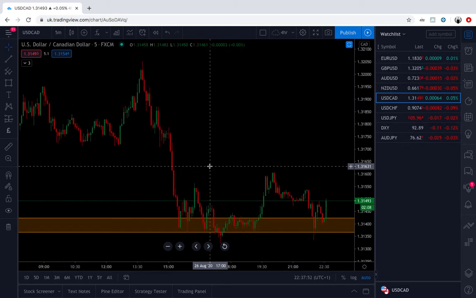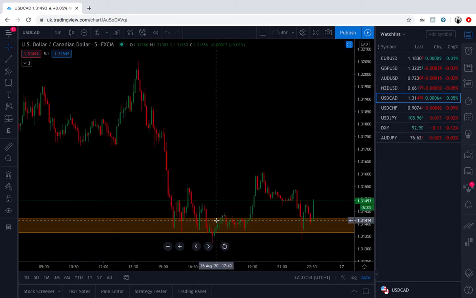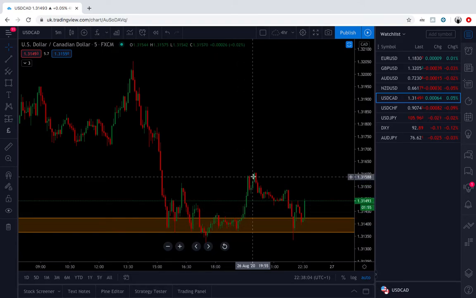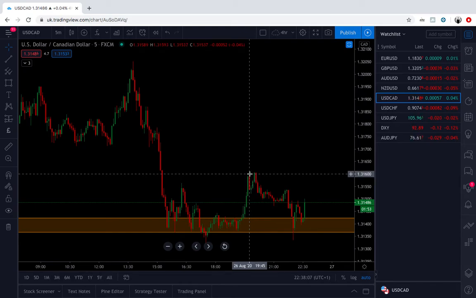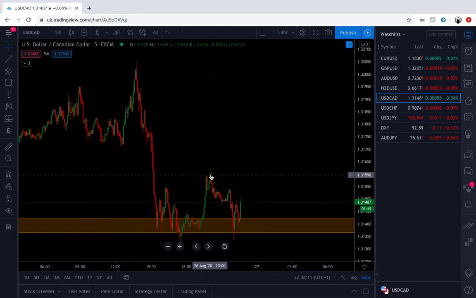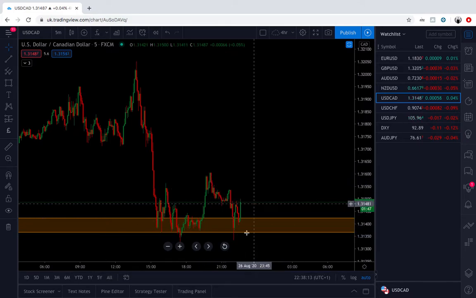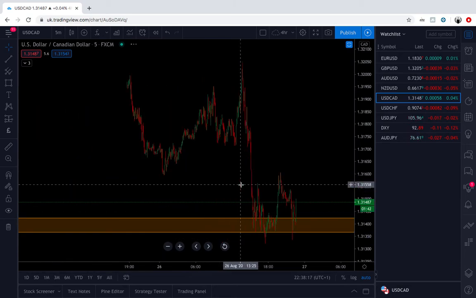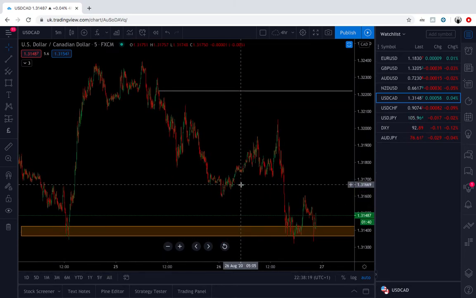So I entered somewhere here at 392, and the TP was 599. As you can see, that was perfectly bang on. Then the market retraced, and I think it still has potential to go up, but I'm done with this trade, so I'm not going to chase behind it anymore.